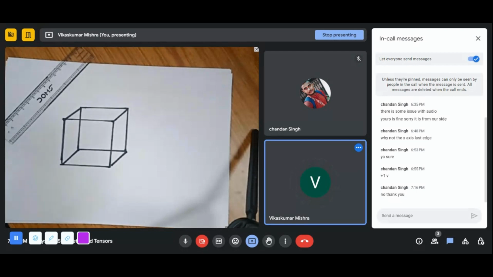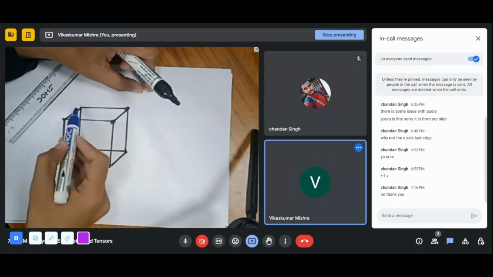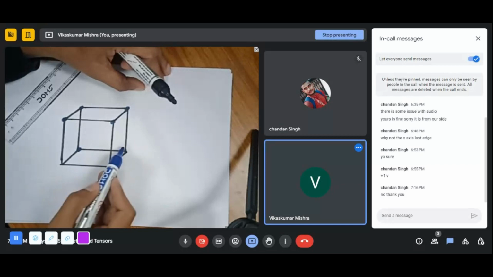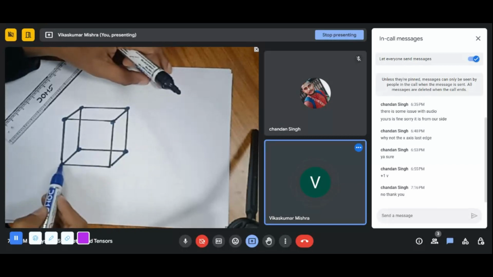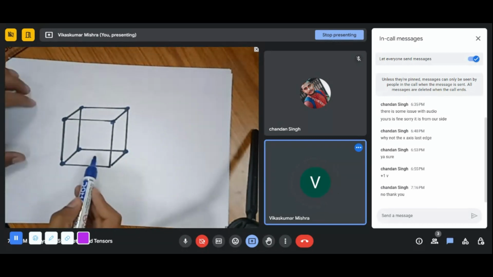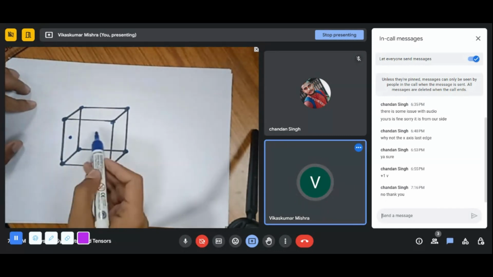Okay, let's look at the lattice points. These are the lattice points. It's not completed yet. It will be at the face centers, all of them, on the back also.